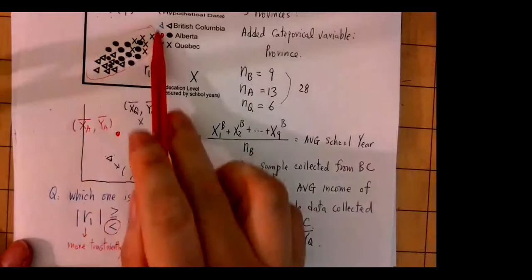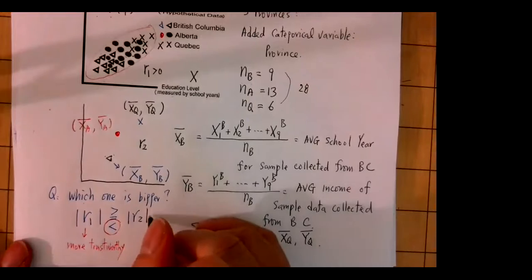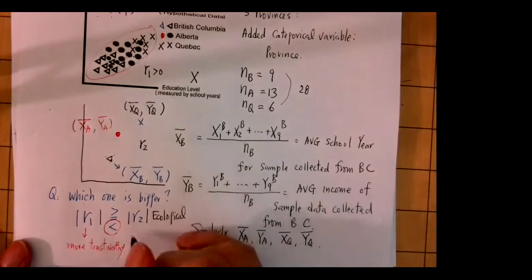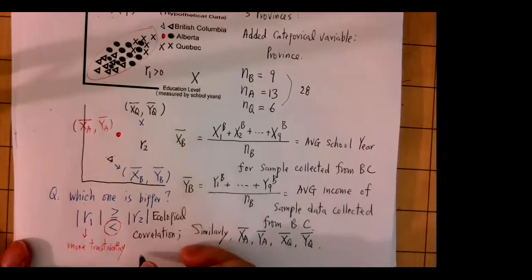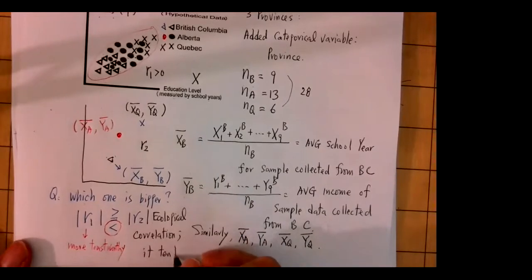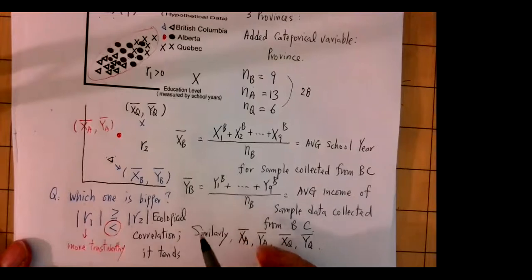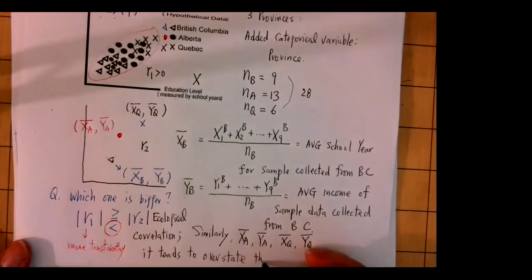Because this one uses detailed information. Why is R2 bigger? Because this R2 is ecological correlation. It tends to overstate the strength.